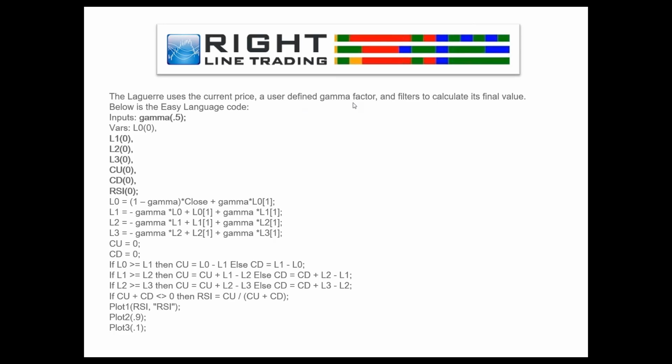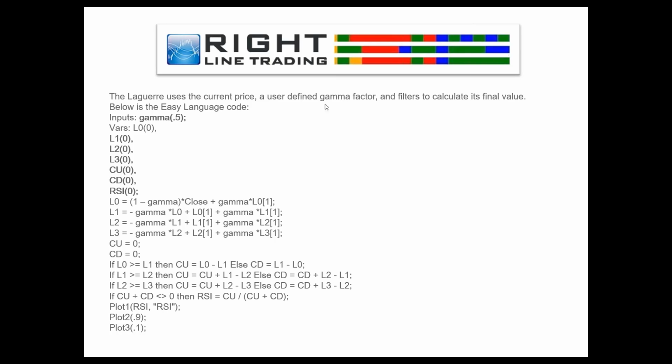So let's look at the Laguerre, because the Laguerre is what we use. And the Laguerre oscillator is really very different than all the other oscillators. It's a very complex formula, and this is really the code for the Laguerre. It has a defined gamma.